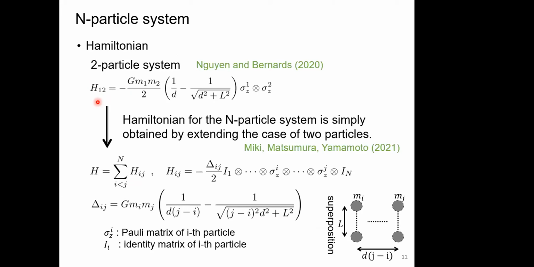So the Hamiltonian for the n-particle system is simply obtained by extending the case of two particles, like this. Here H_ij describes the Newtonian potential between the i-th particle and the j-th particle. And sigma z is a Pauli matrix and I is an identity matrix.